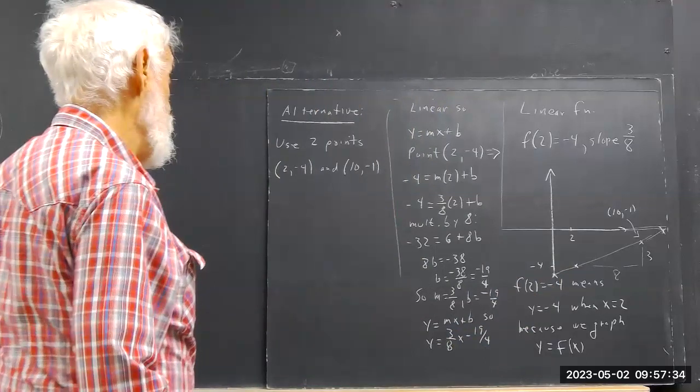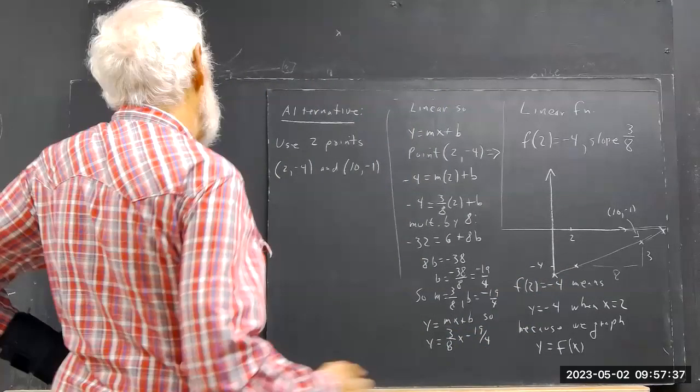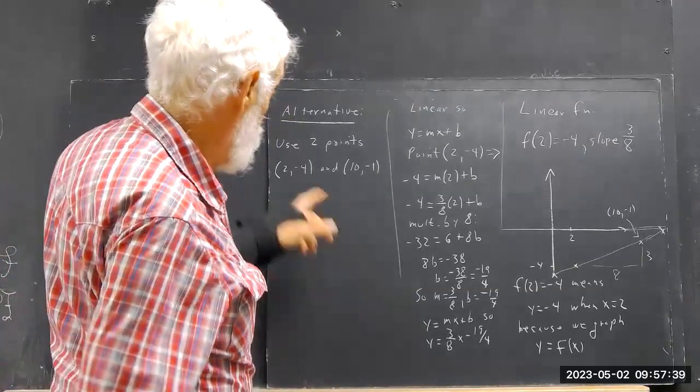And now, one way to do that is to use a fundamental triangle and find the slope.